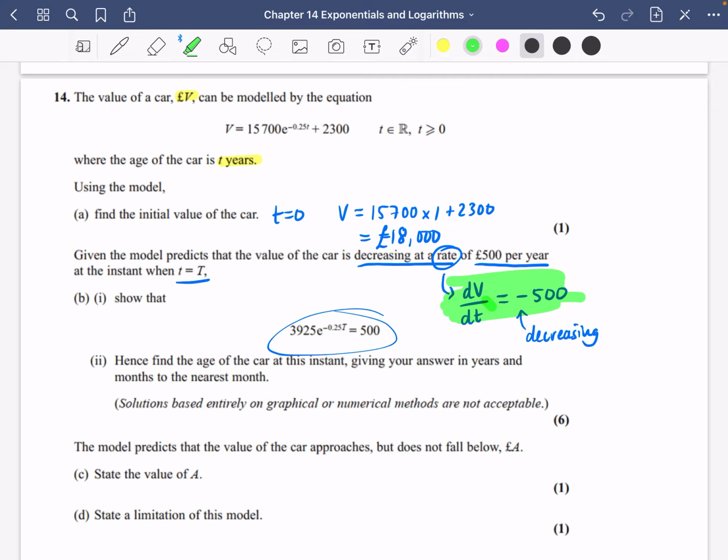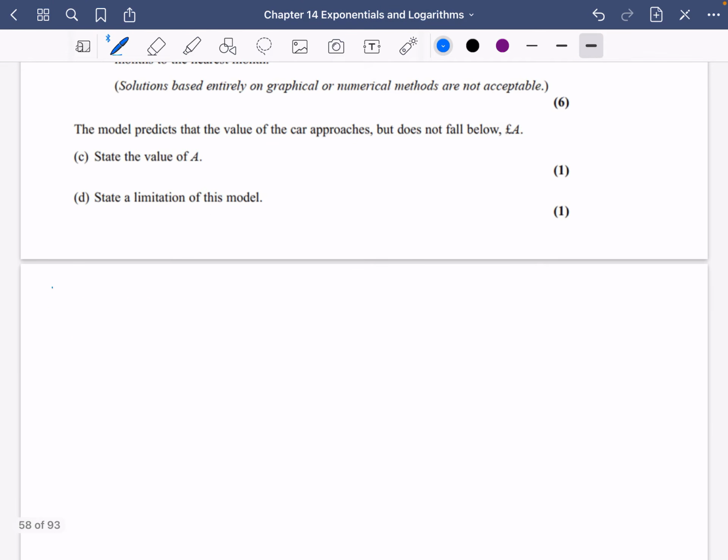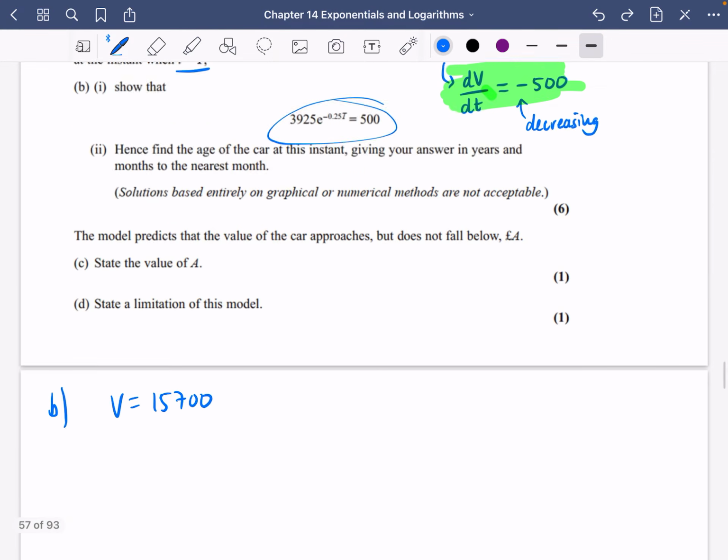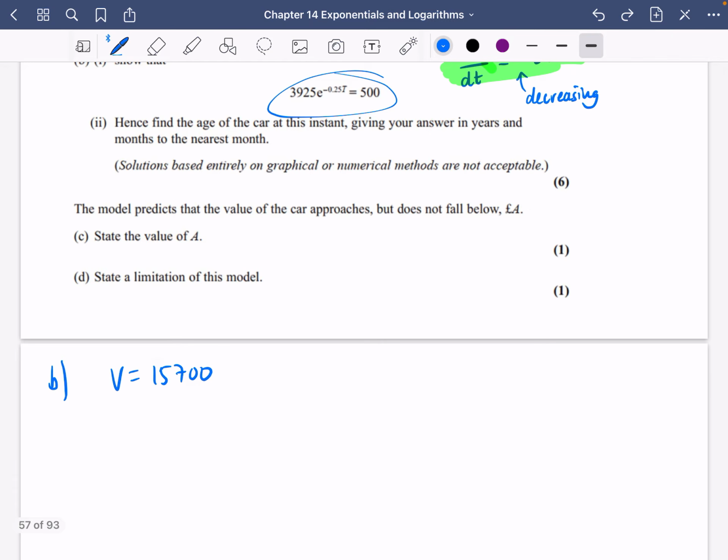So the original equation is V equals 15,700 multiplied by e to the power of minus 0.25t plus 2,300.